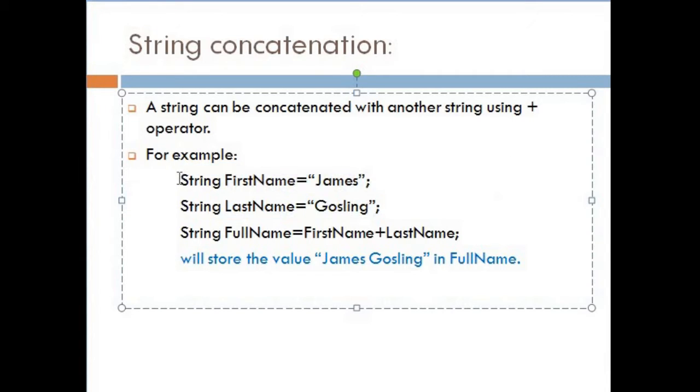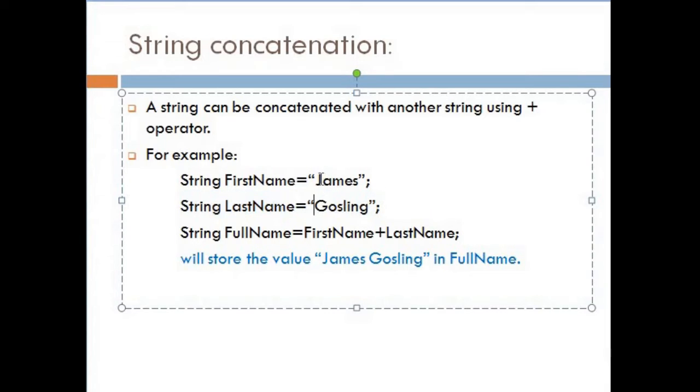The first Java statement declares a variable called firstName whose data type is string, and the value that this variable firstName holds is James. In the second Java statement, there is a variable called lastName whose data type is string, and again here the value that this variable lastName holds is Gosling.